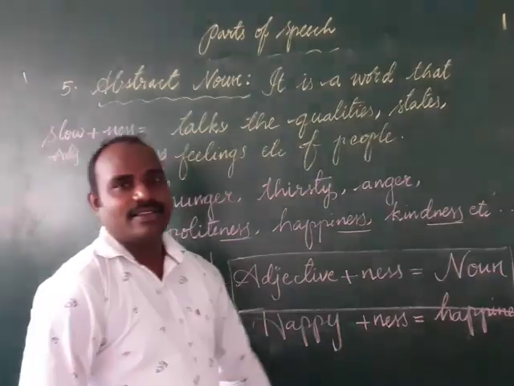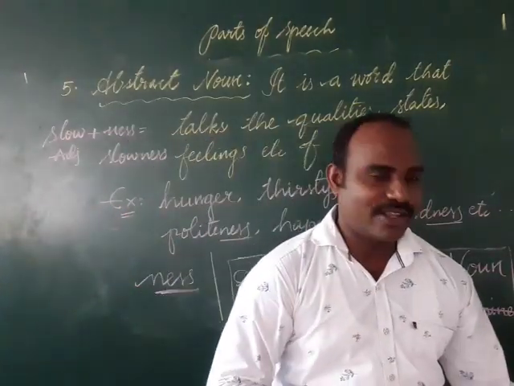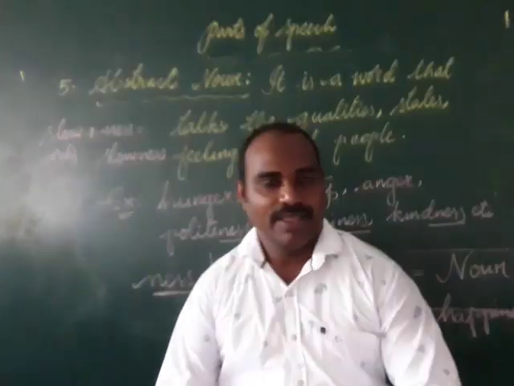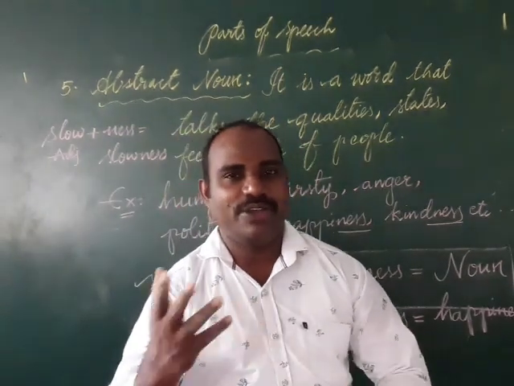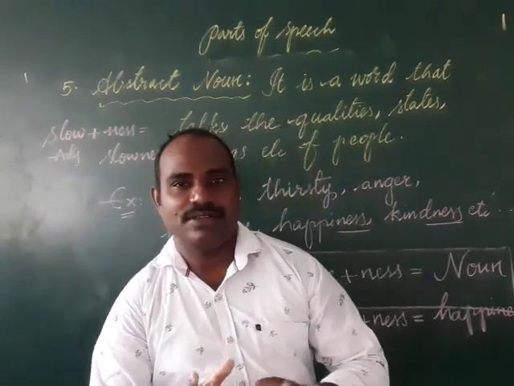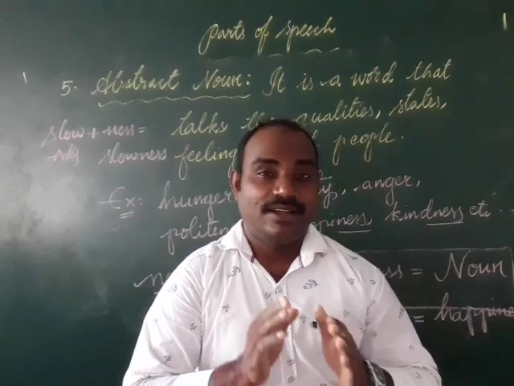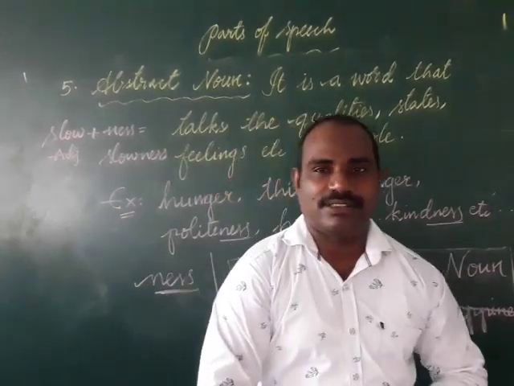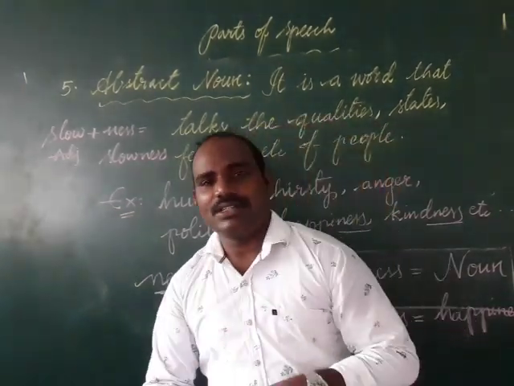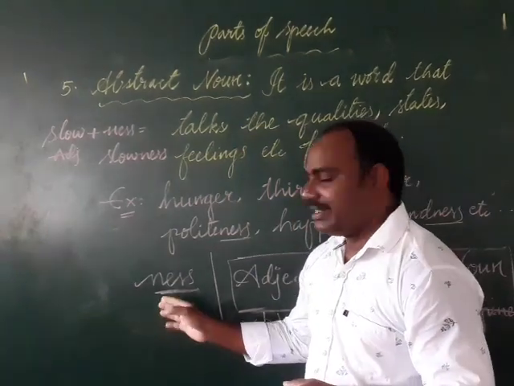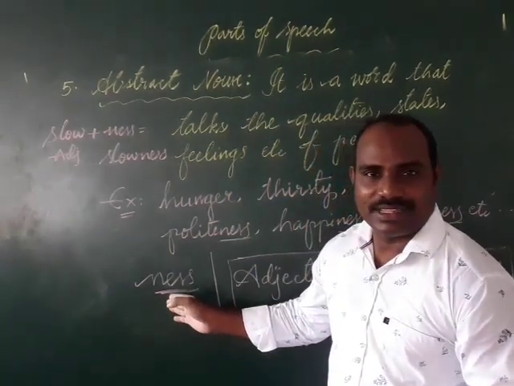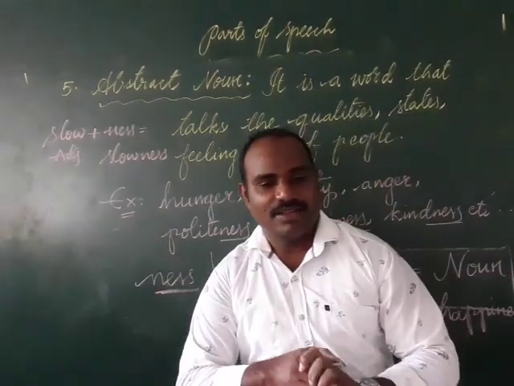Quick is an adjective. Quick, quicker, quickest. Quick plus NESS, quickness. Loud, louder, loudest. Loud plus NESS, loudness. Like this, most of the abstract nouns can be formed by taking this suffix NESS. Most of them, not all of them.